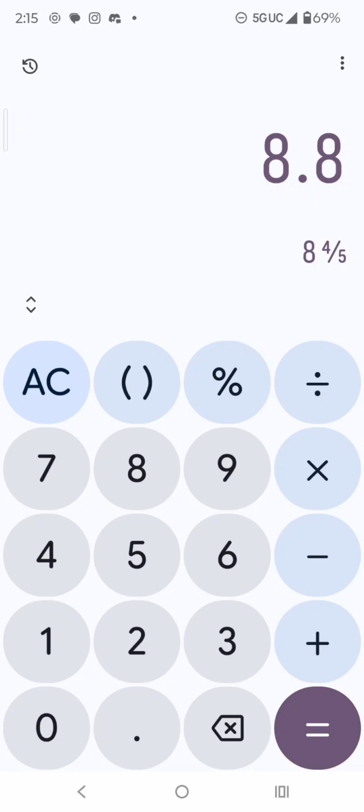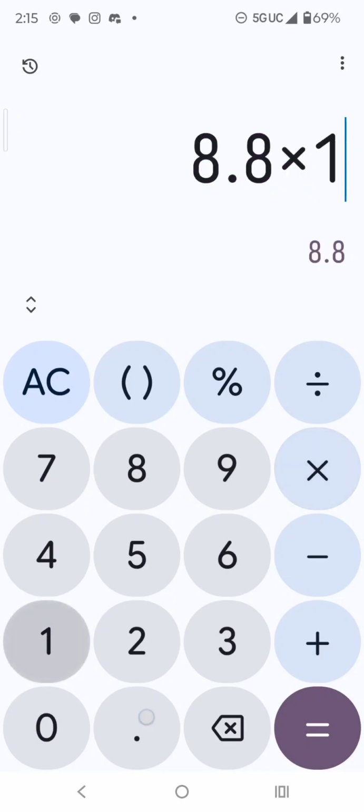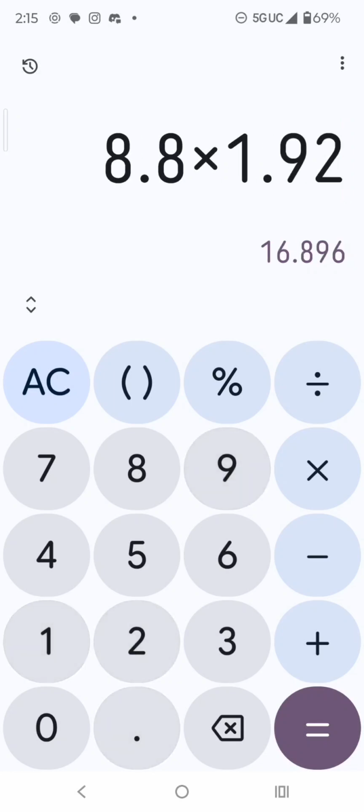So when we win, it's times 1.92. You get the $8.80 that you risked back, and you get 92% as well to go along with it. Here's your risk back, and here's 92%.